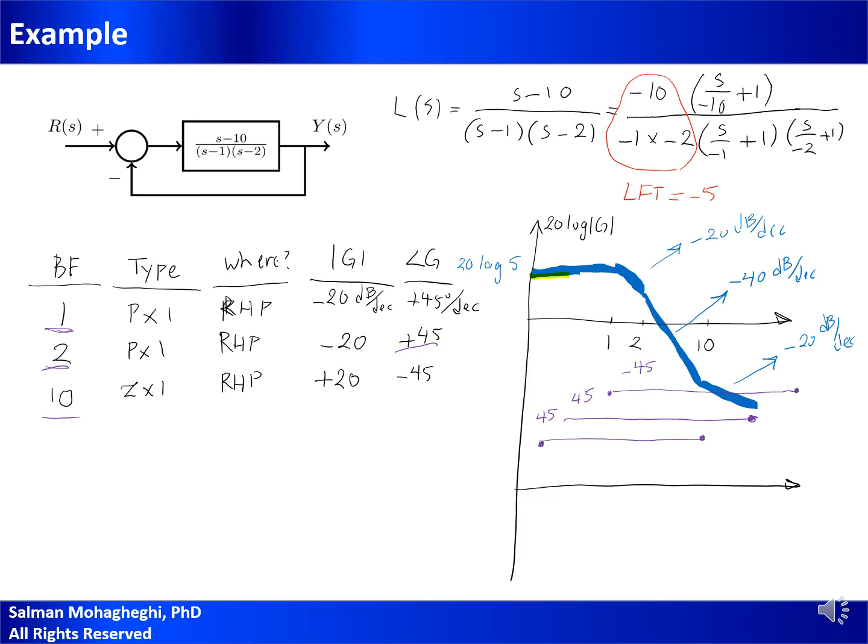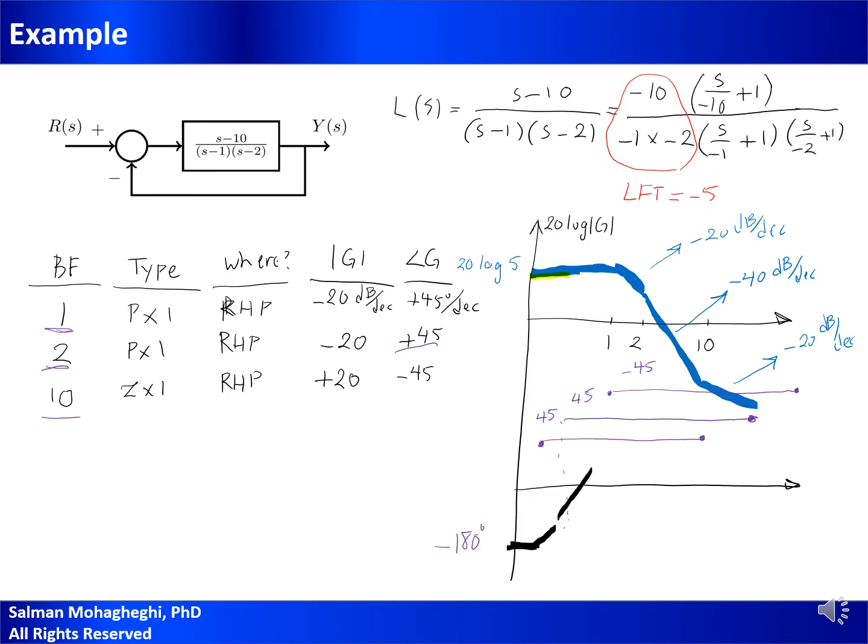So let's say from 1, assuming 100 is going to be somewhere here, I will have a minus 45 degrees per decade. So now what I'll do is I will start from here, assuming this is minus 180 degrees. Then I will have a slope of 45 degrees up to this point, and then I will have another 45 degrees added to it.